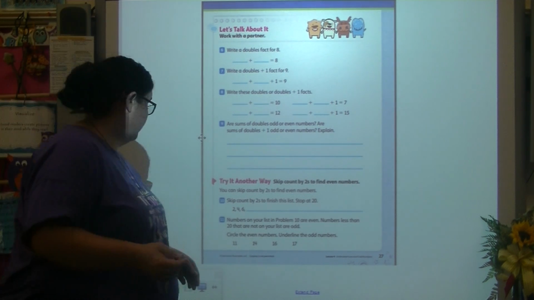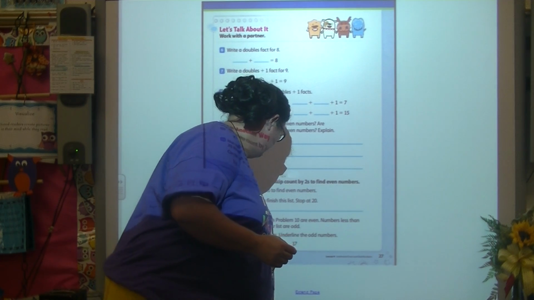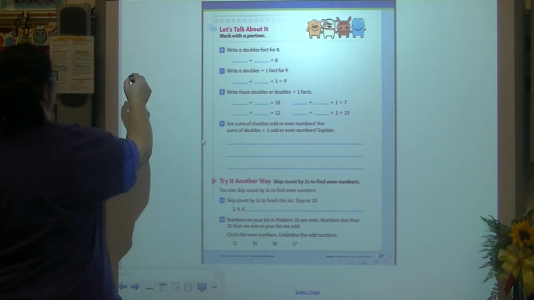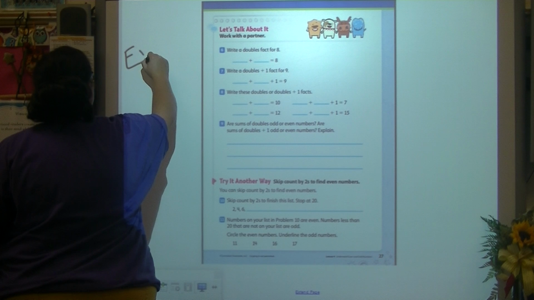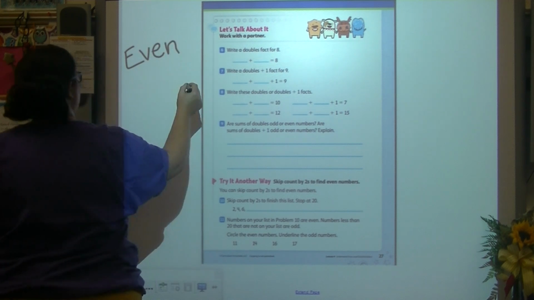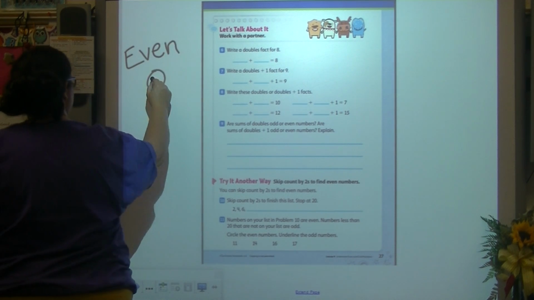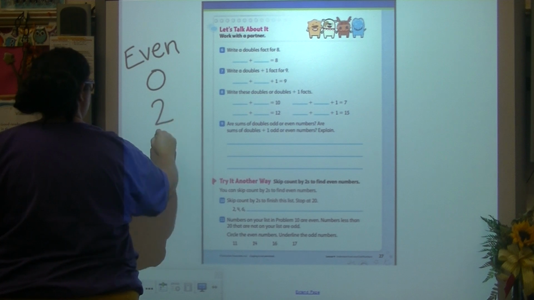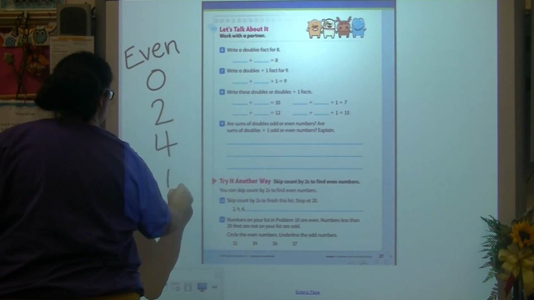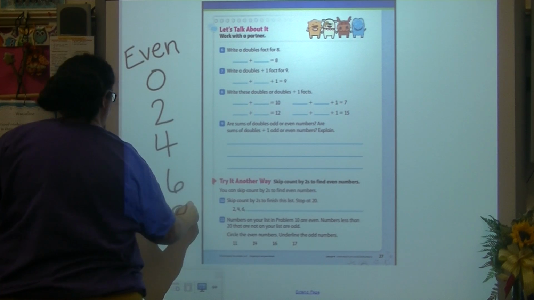So far we've learned that even numbers are numbers that end in, help me out boys and girls, 0, 2, 4, 6, or 8.